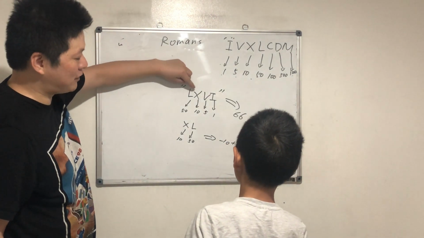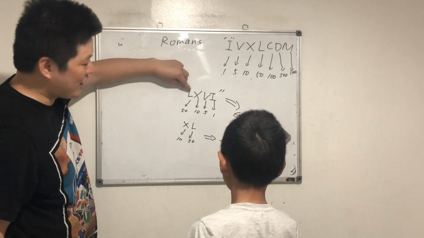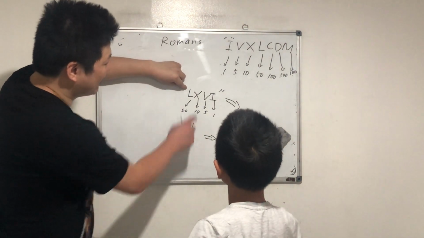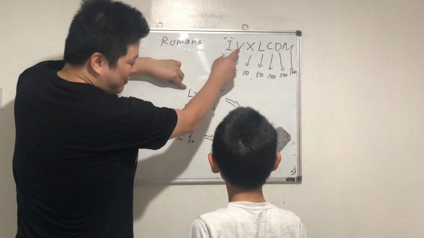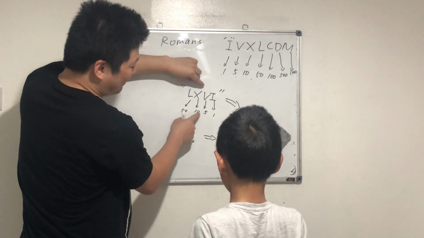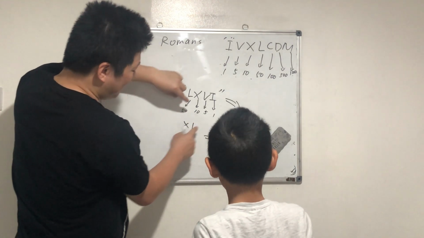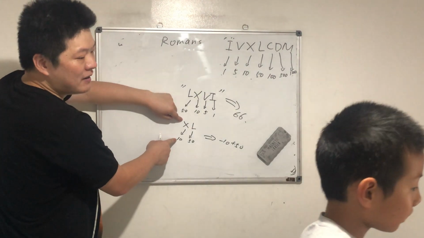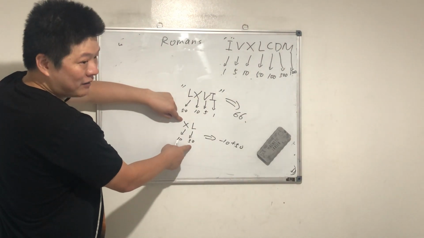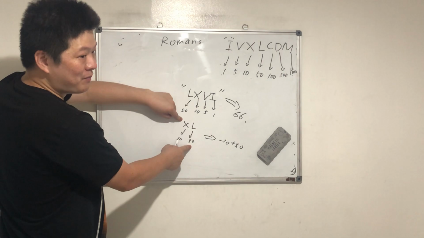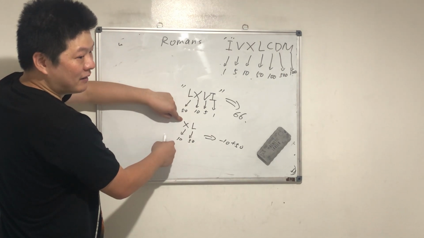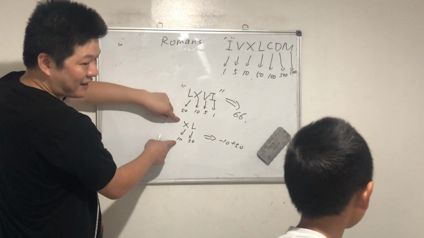If the next one is smaller than the current one, by looking at the list, we add it: 50, 10, 5, and then the last one we just add it. If this one is smaller than the next one, what should we do? For this one, XL.